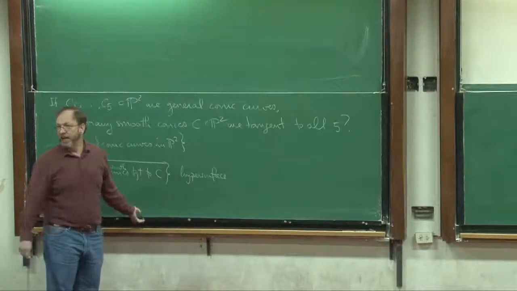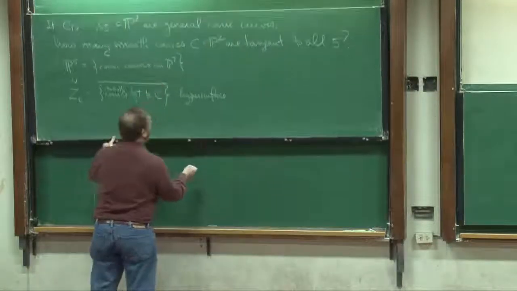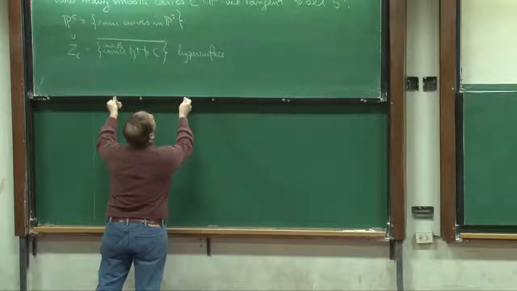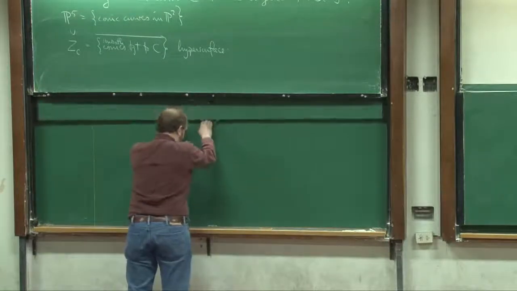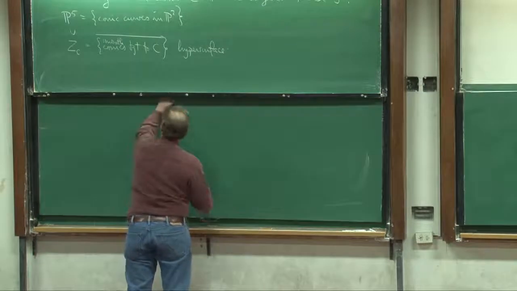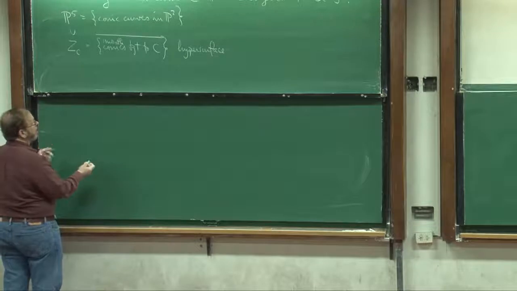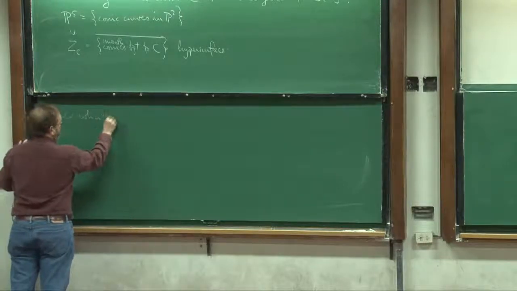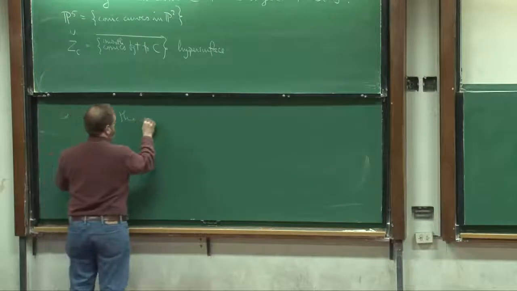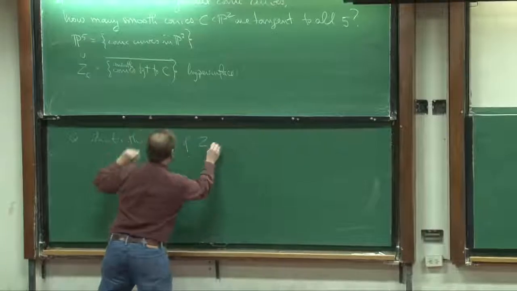So let's figure that out. We don't have the answer, but it's not hard to do. There are many ways to do it, but I will suggest one. The question is, what's the degree of Z sub C?